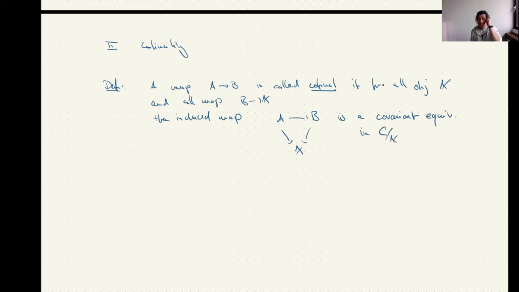That's when we apply this covariant model structure to the slice category. So it's something that in all slices becomes a weak equivalence. So that's the definition.